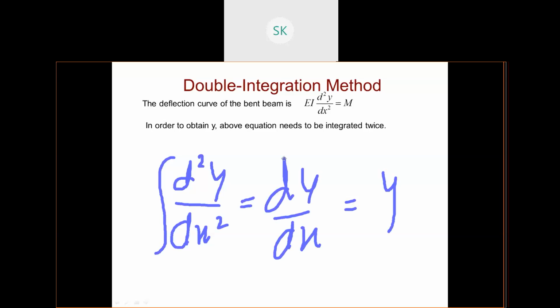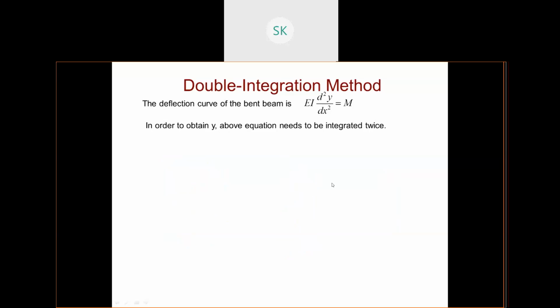So you need to integrate twice to get the deflection.